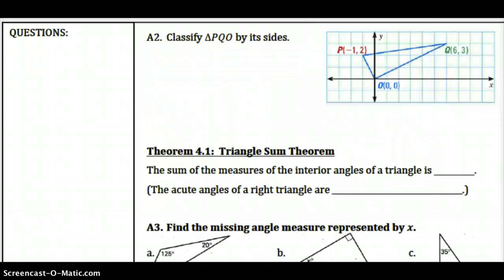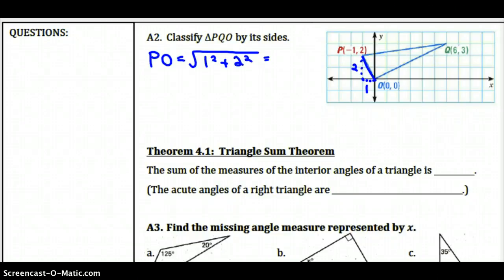Part of this is determining on a coordinate plane what a triangle is as far as classification, in this case by its sides. So I'm going to find this measurement here, which is the P to O distance. Distance formula: the change in x is 1, so 1 squared. The change here is 2, so 2 squared.